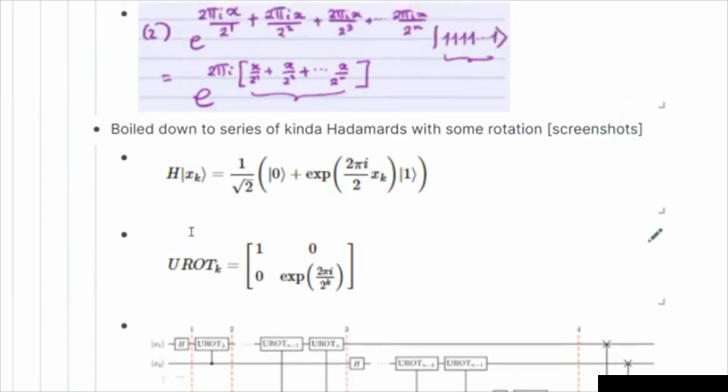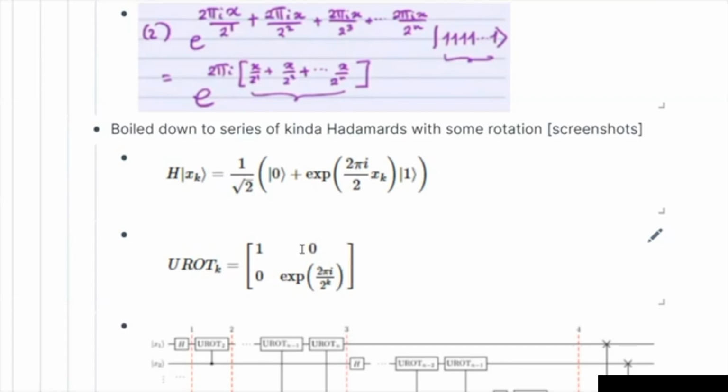It's just applying a phase of 2 pi I over 2 power k to the bit 1, and it is not touching the zeros. If you want to understand this matrix, the first column is what the output would be when the input is the bit 0. So when the input is bit 0, the output would be 1 into 0, that is 0, and 0 into 1, so that's again 0. That means it is not affecting the bit 0.